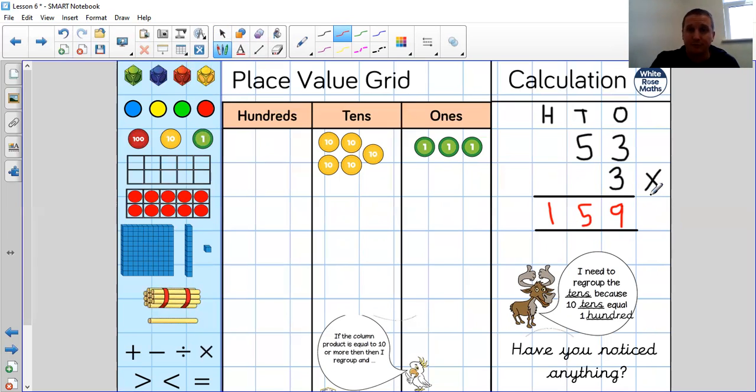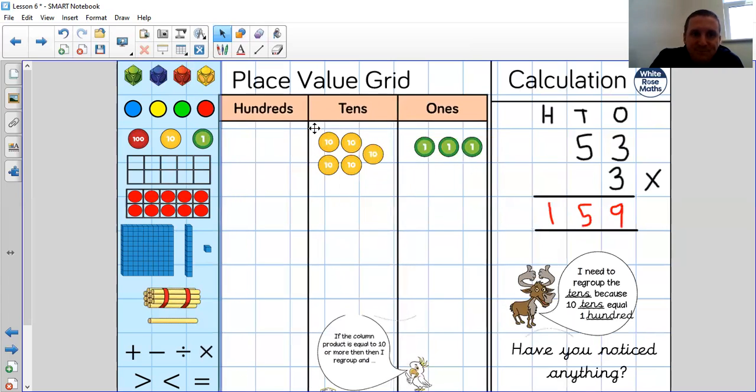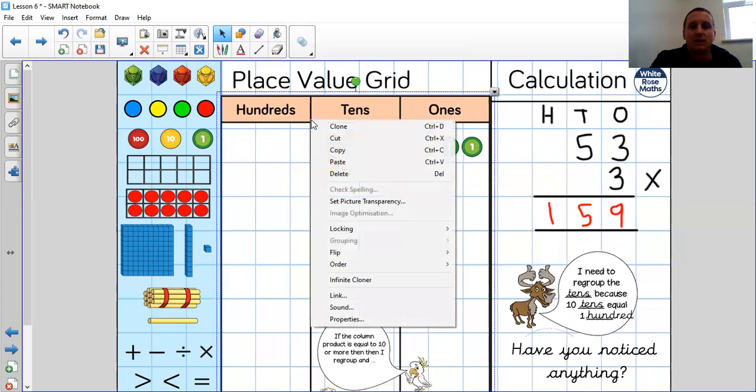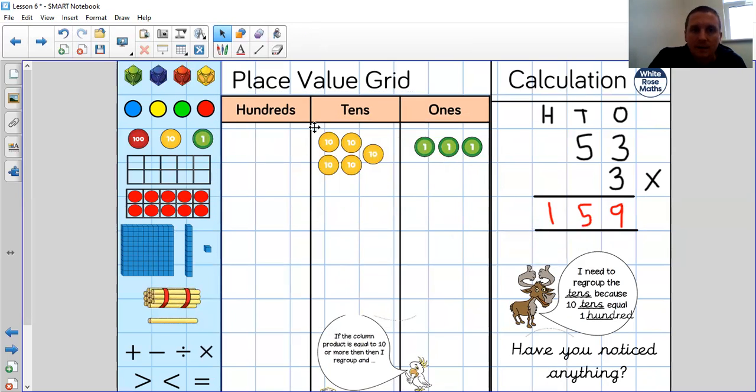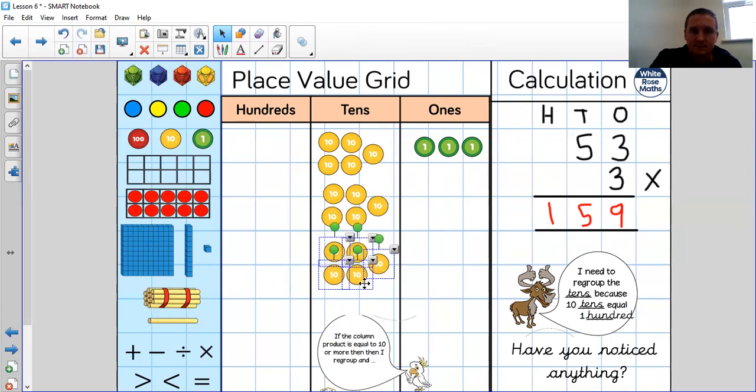So I'm just going to prove that. So that 3 50s equals 150. So here we go. Lock in place so you don't move. There you go. Let's try that again. So there's 1 group of 50. There's 2 groups of 50. There's 3 50s.